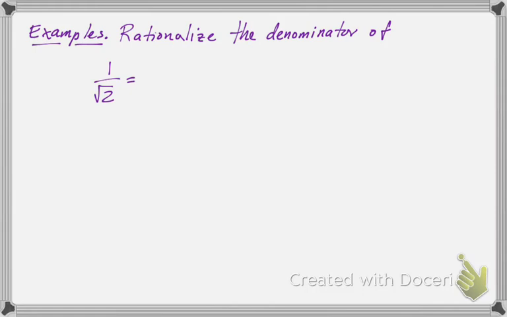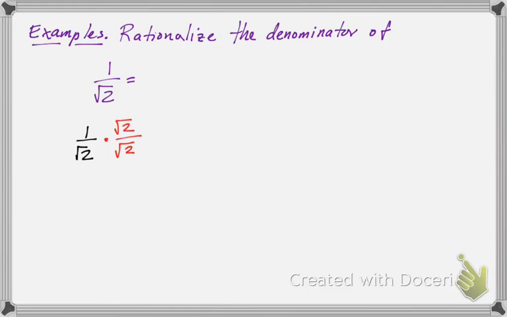Okay, we have this example. It says rationalize the denominator of this expression, 1 over the square root of 2. So what do we do? Well, we have to take our expression and multiply it by, I'm going to use a different color just to show you, the very same square root that we have in the denominator.